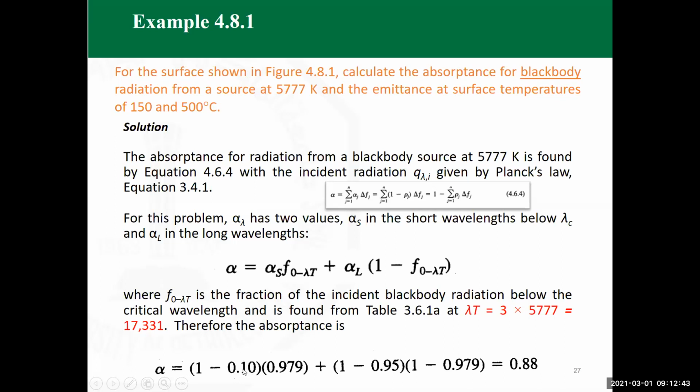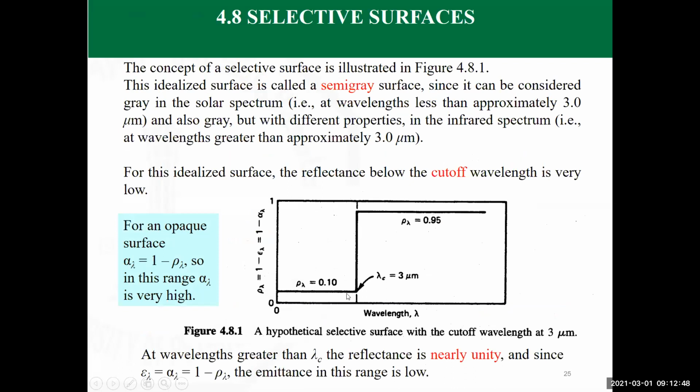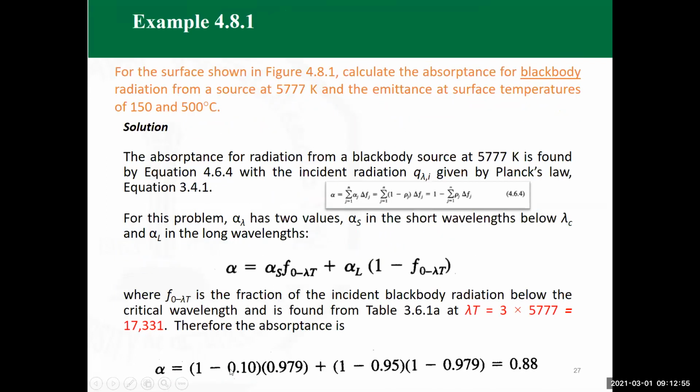So 1 minus 0.1. Where did we get the 0.1 from? It's actually from here. 0.1 is the reflectivity, which means that the absorptance is 1 minus 0.1, given here, into this 0.979, which is basically the value of F that we are getting from the table. Now for 17,331, the table, which is table 3.6.1, does not give me 17,331.